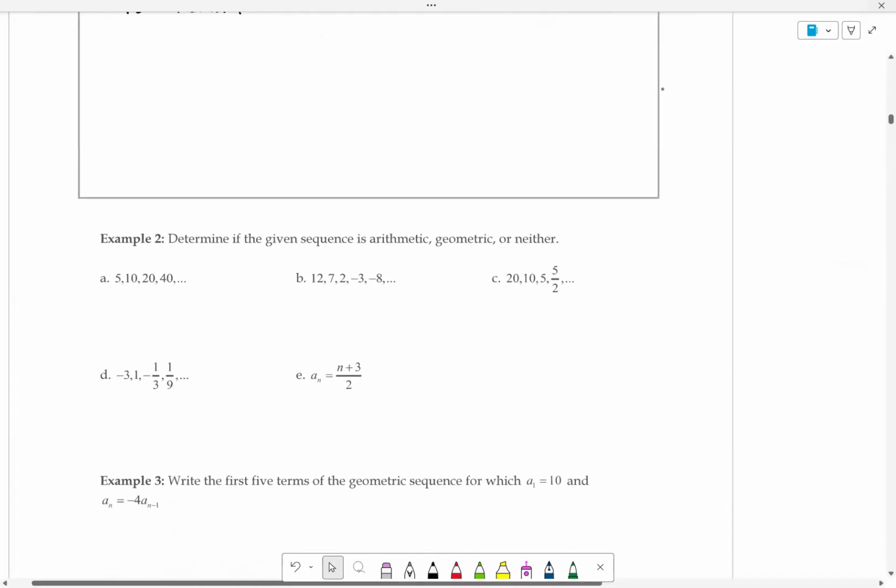Okay, so example 2, there are 5 different examples. It's your choice: arithmetic, geometric, or neither.